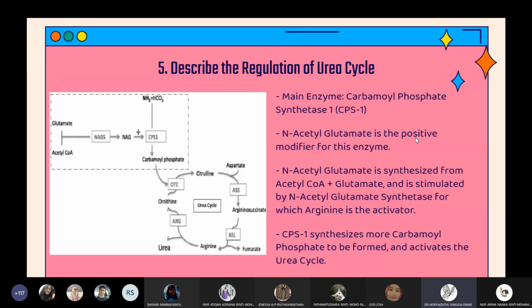Other regulations of the urea cycle? I just explained it, other than the carbamoyl phosphate synthetase and N-acetylglutamate, right? Yes, that's correct. Other than that?